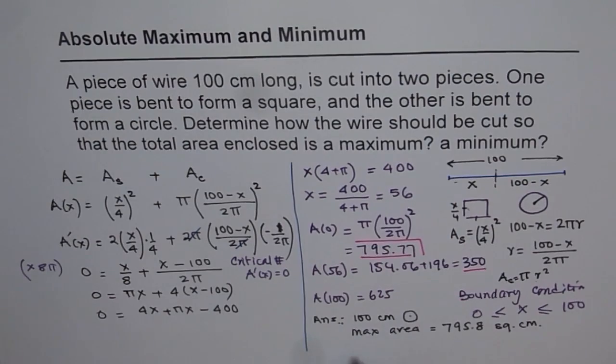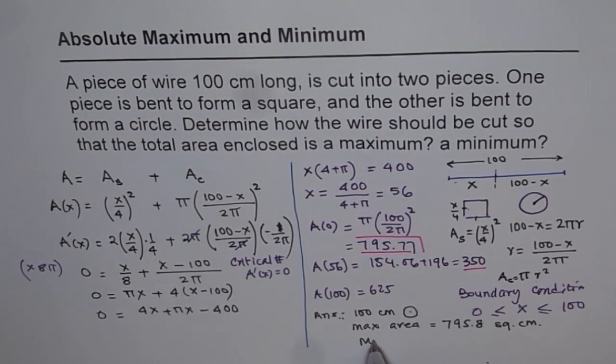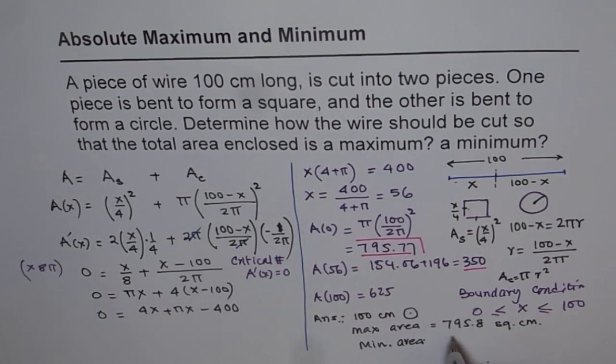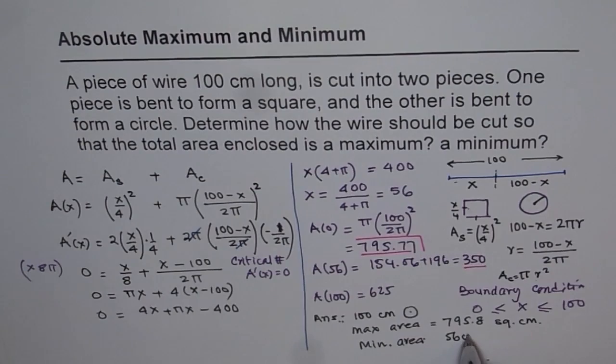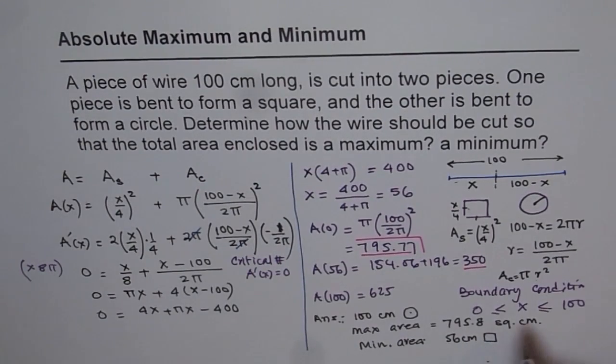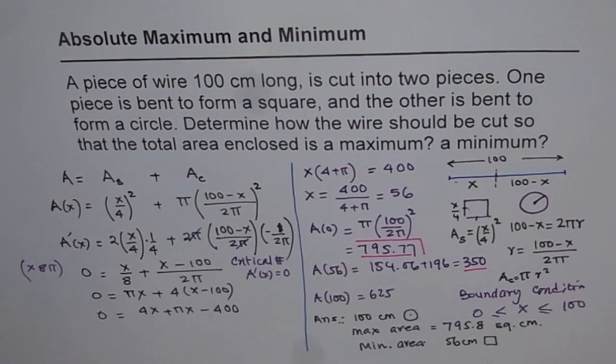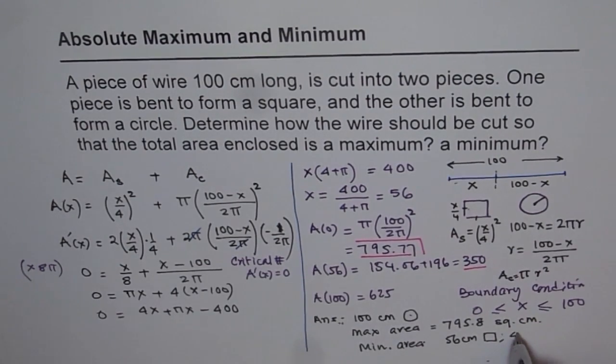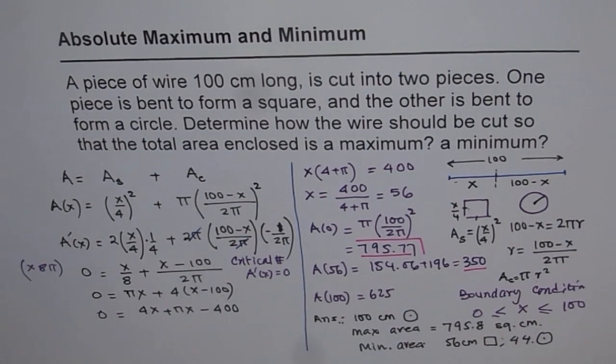So for minimum area, we have 56 centimeters for the square, and the rest, which is 100 minus 56, which is 44 centimeters, for the circle. So that is the way it should be done, and probably the most efficient way it can be done.